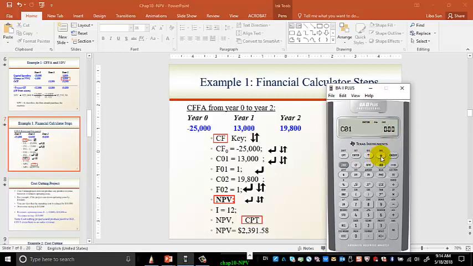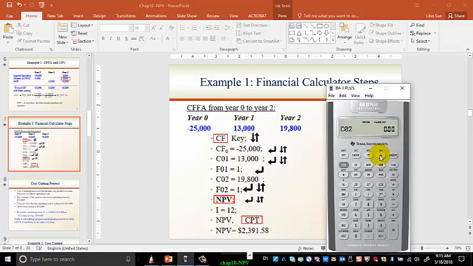Now, go down to ask for the first year cash flow. The first year cash flow is 13,000. We're going to enter 13,000. Again, click on Enter. Go down to ask for how many times we repeat this cash flow. As we only have one time, 13,000, so we're going to keep this at a default value 1.